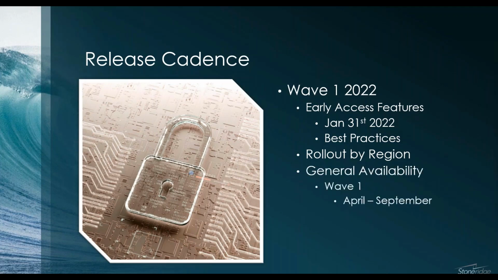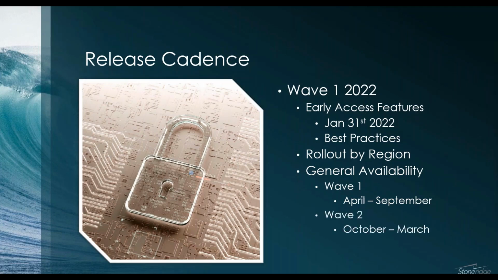And then as far as general availability, with Wave 1, we talked about the April release, and that's what we're focused on today. And that ultimately rolls out between the months of April and September. So some of these new features will be available right away in April, and there are others that will slowly roll out over time throughout this complete timeline between April and September.